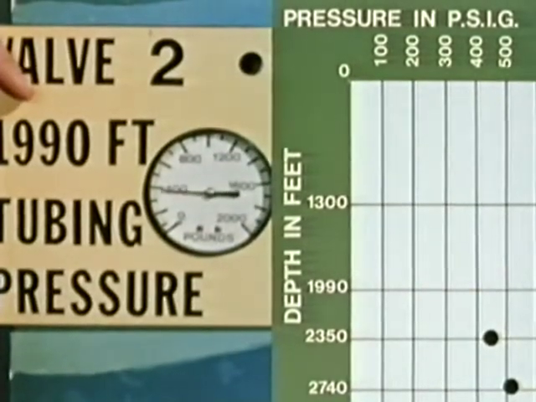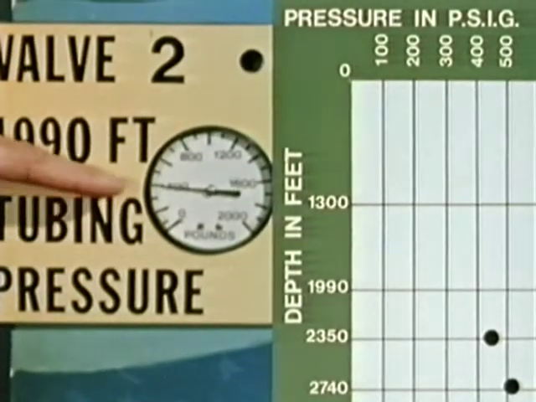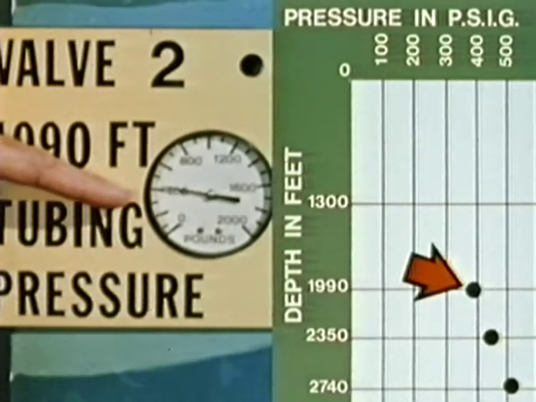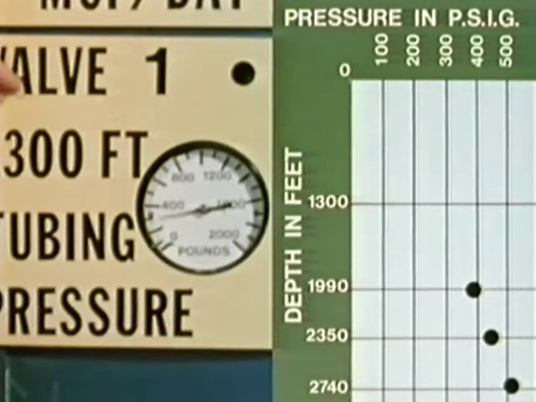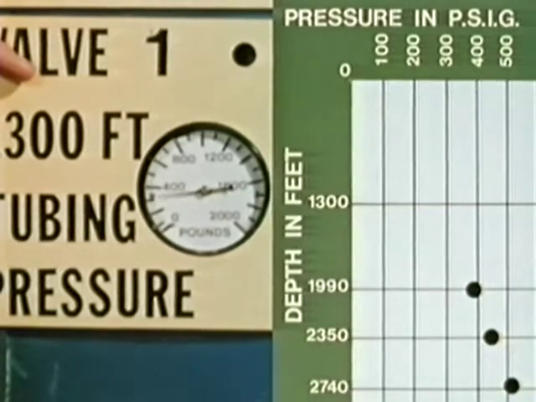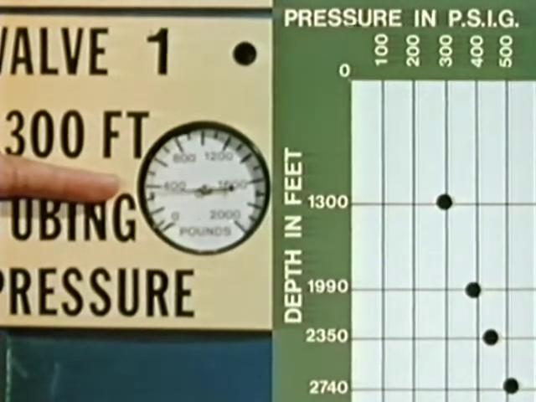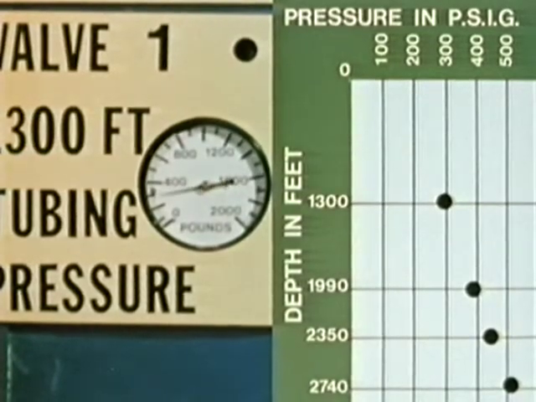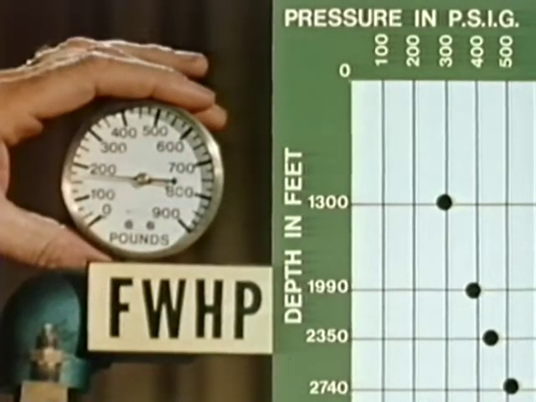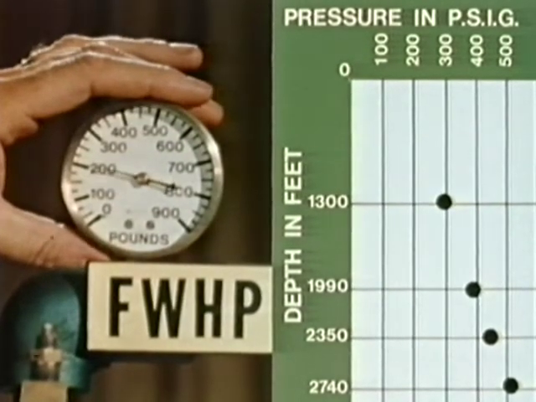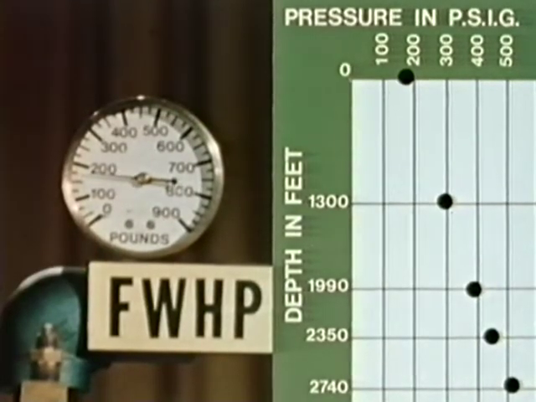At the 1,990-foot level, it has increased to 400 pounds. At the 1,300-foot level, it has increased to 315 pounds, and our flowing wellhead pressure has declined to 180 pounds per square inch.